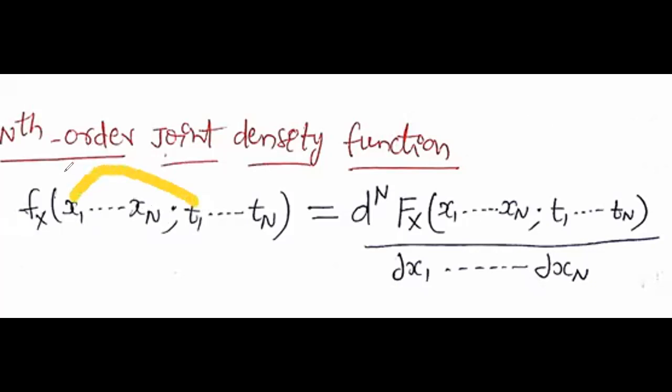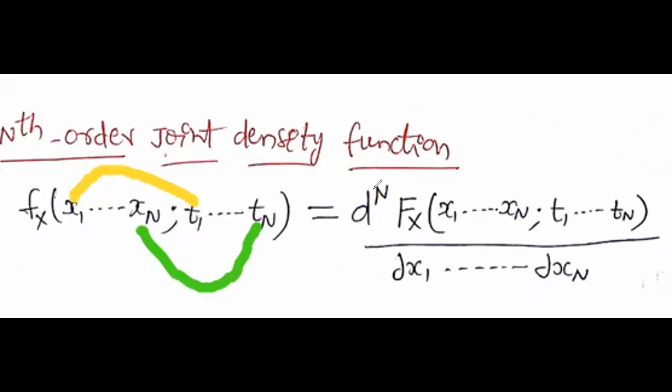That is, x1 is for t1, x2 is for t2, and for the nth process we have tn, right? So observe here the power of differentiation.